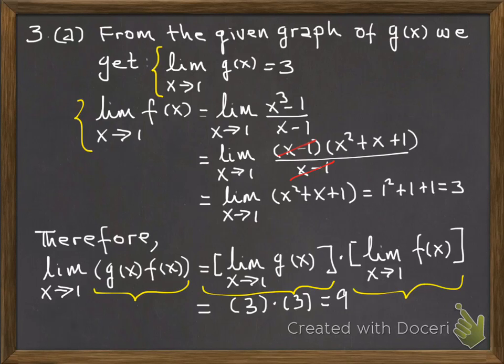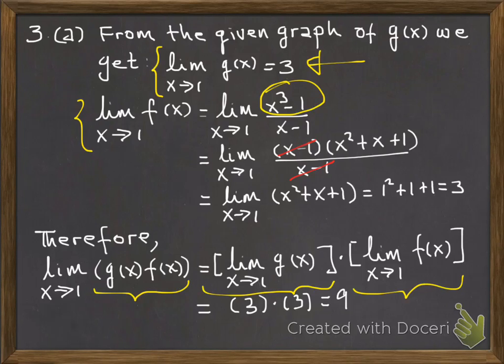This one is obtained from the graph, and the other limit is obtained by factoring. And one of the challenges I saw is that some of the students had a hard time factoring this, which requires a difference of 2 cubes.